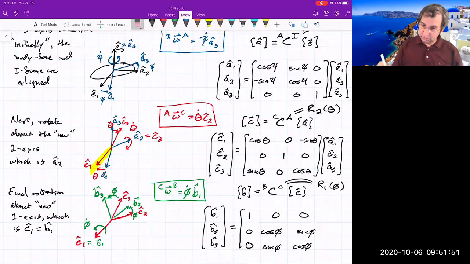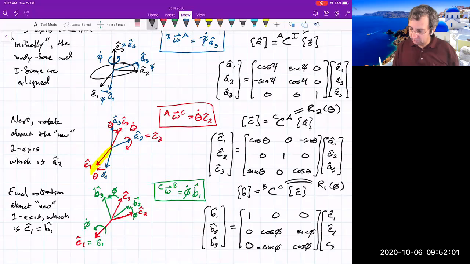This is a positive, and down here is a negative. Okay, and then this is times C1, C2, C3. All right, so the total angular velocity would be the sum of these three angular velocities.